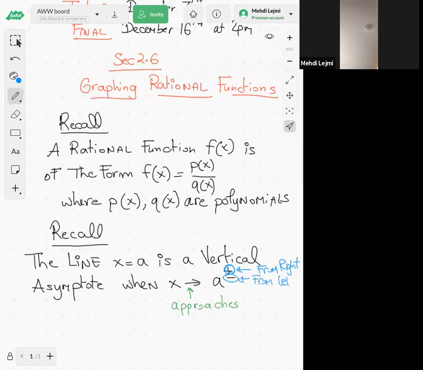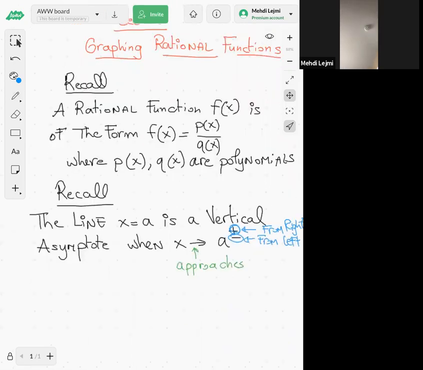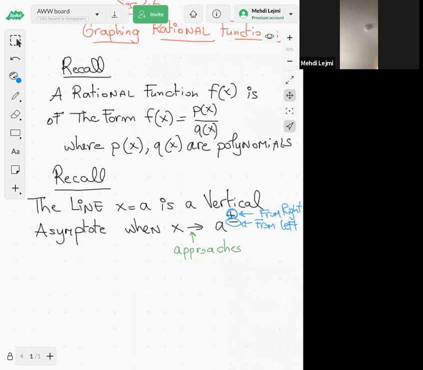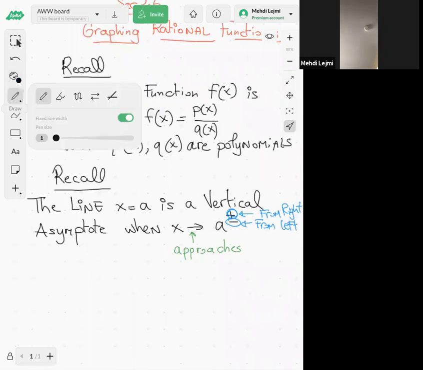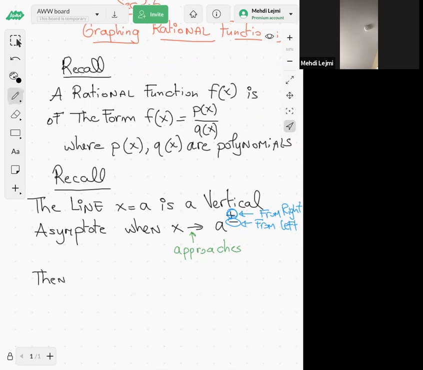So what we are saying is that if x approaches a from the left or from the right, x is not equal to a, but x is as close as we want to a, then what happens to the values of the function f? Then f of x, the values of the function f, are going to go to positive or negative infinity.